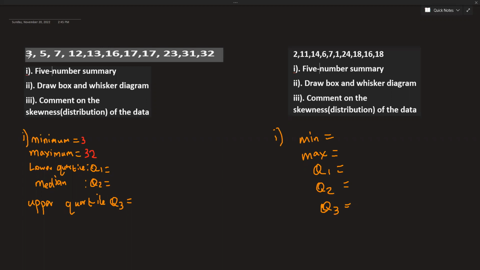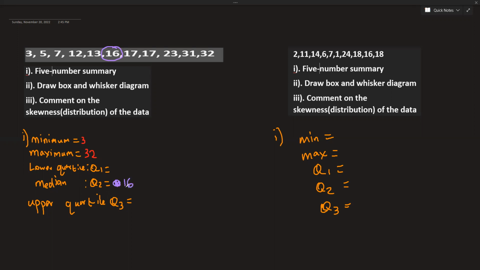If I have 11 terms, the median will be the 6th term. It divides the data into 2 equal parts, with 5 on the right and 5 on the left.